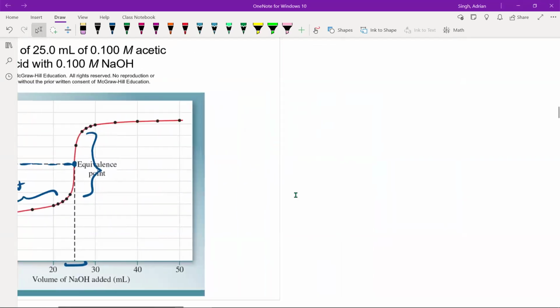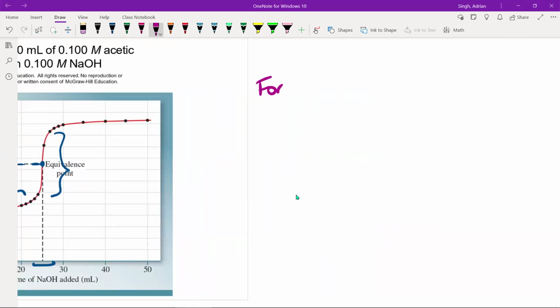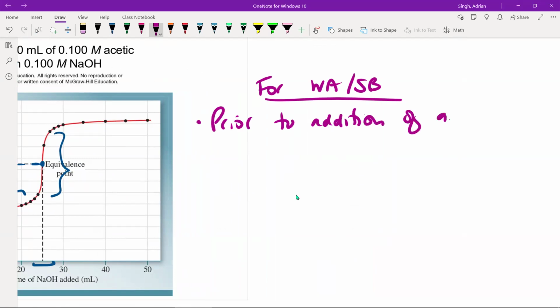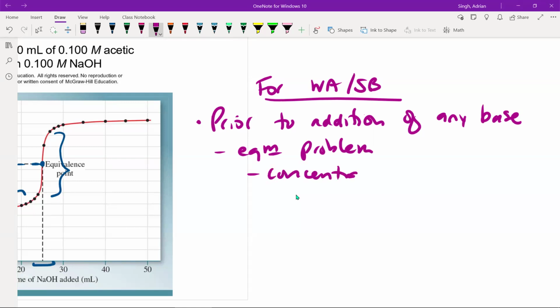Okay, so for the weak acid strong base titration, prior to the addition of any base, this is an equilibrium problem that is solved using the concentration and the ionization constant, and an equilibrium table, right?